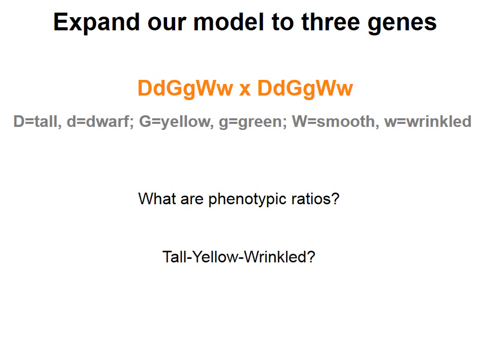How many different phenotypes are there for gene 2? 2, yellow or green, right? How many for 3? 2. So if we want to know all the different combinations, what do we do to figure that out? Mathematically, just multiply them. 2 times 2 times 2. So 2 times 2 is 4 times 2 is 8. There's 8 different phenotypes.